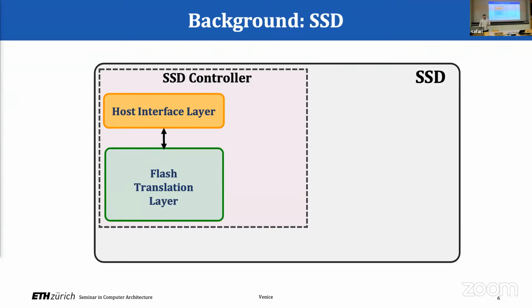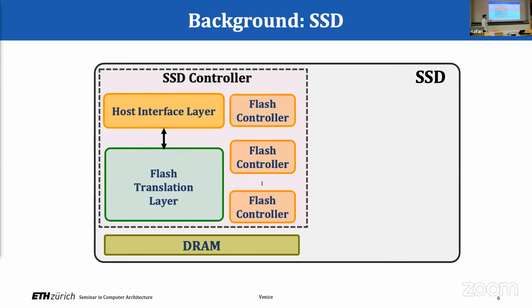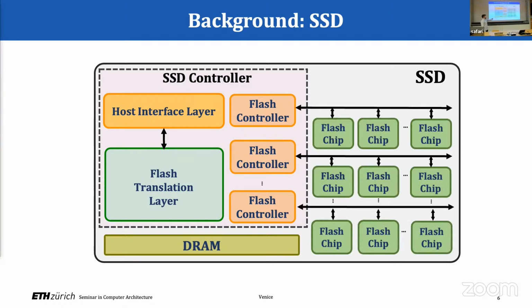The flash translation layer has four main responsibilities: mapping the logical addresses to the physical ones for every page, garbage collection, wear leveling, and caching frequently accessed pages in the DRAM, which is located inside the SSD. There are also the flash controllers, which are inside the SSD controller. They are the main parts which communicate with the flash chips where the actual data resides.